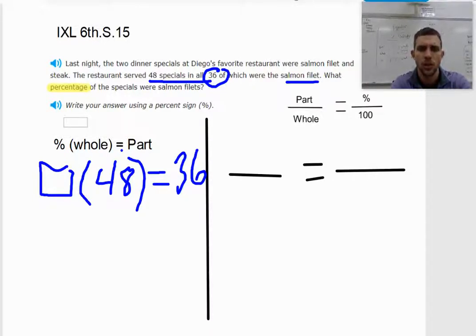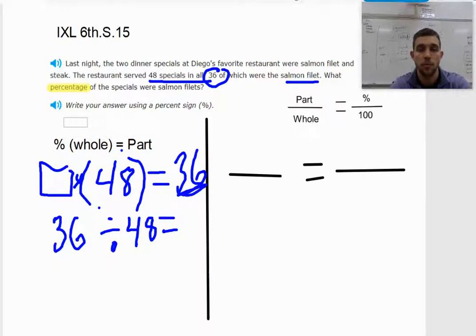So once we're here, this is a multiplication problem, and we have a missing factor. Well, to reverse that and find what we have, we're going to take 36 divided by 48. Now remember what your elementary school teacher said, that the bigger number comes first. That's a lie. That does not work anymore. So 36 comes first because that's what our product is.